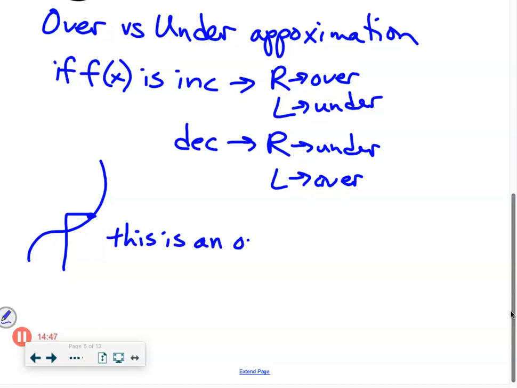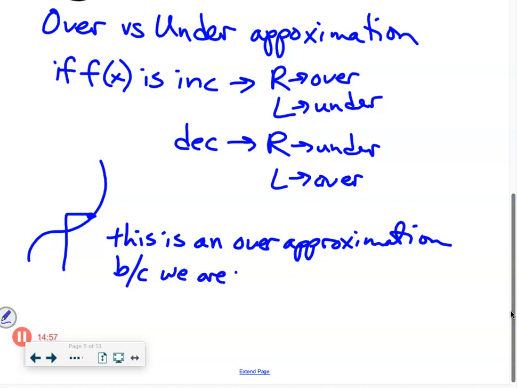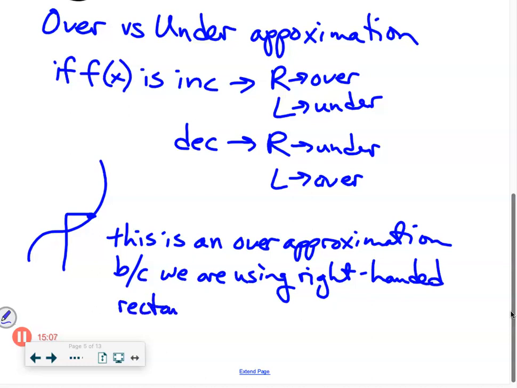this is an over approximation because we are using right-handed rectangles on an increasing function.